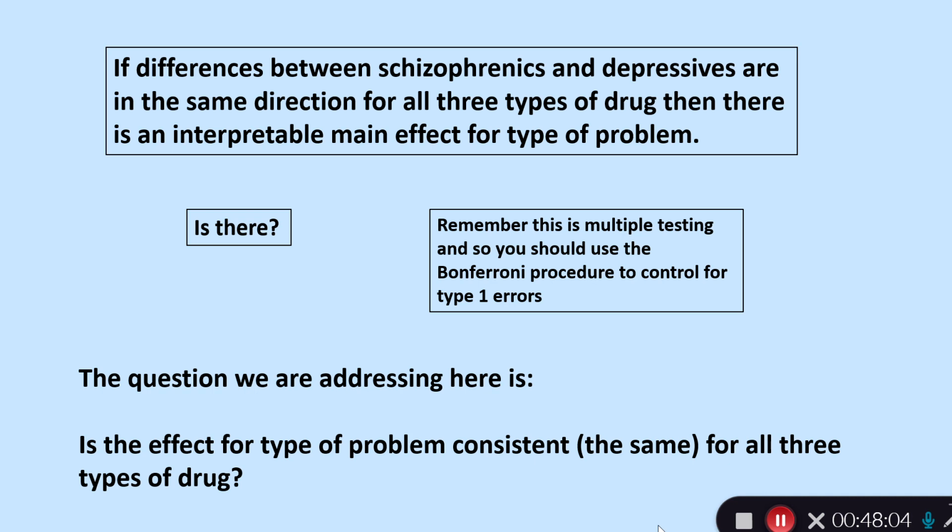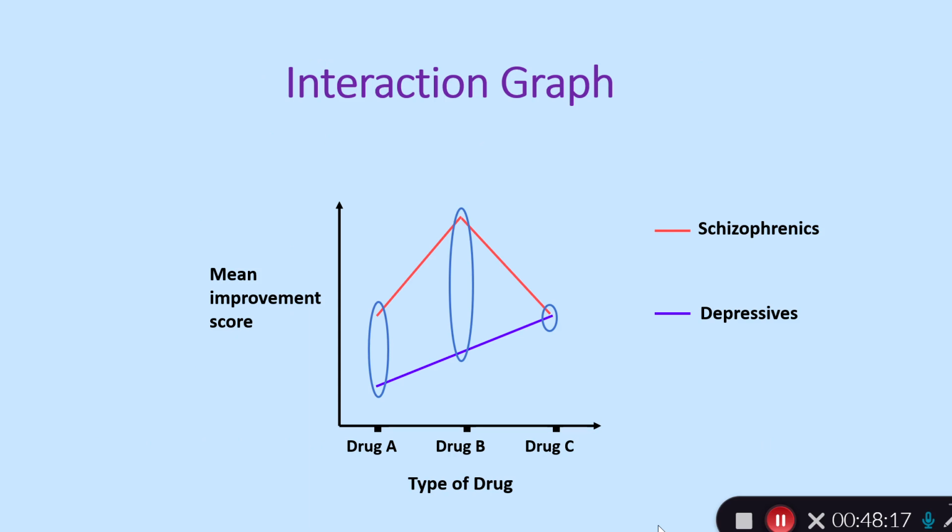And the question we're actually addressing here, similar to the previous one, is the effect of type of problem consistent? Is it the same for all 3 types of drug? Okay, so what's that mean? It means we're doing these 3 comparisons that have been highlighted on the slide.